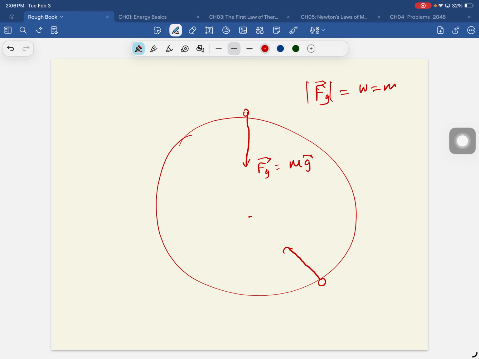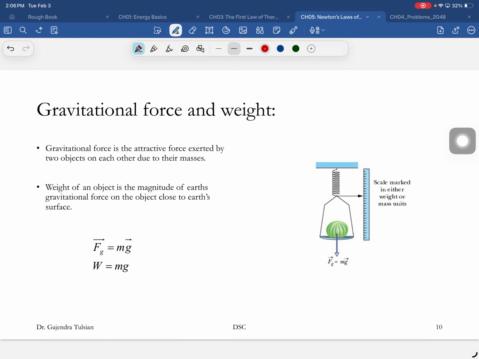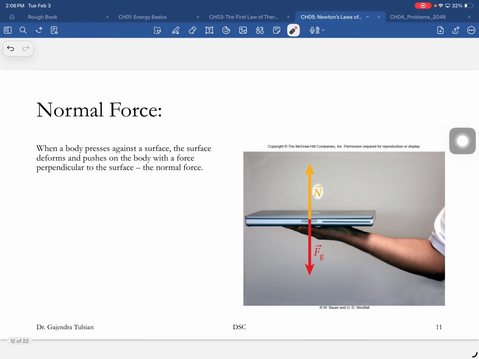And this component is mg cosine theta. That's what's shown here. There is the weight of the person. The component perpendicular to the incline is mg cosine theta. The component parallel to the incline is mg sine theta. Just memorize that.